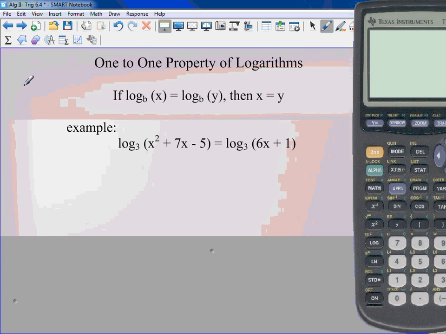Remember before, if I had 2 to the x equals 2 to the 5, what's x equal to? They had the same bases, they canceled out. You're just left with x equals 5.